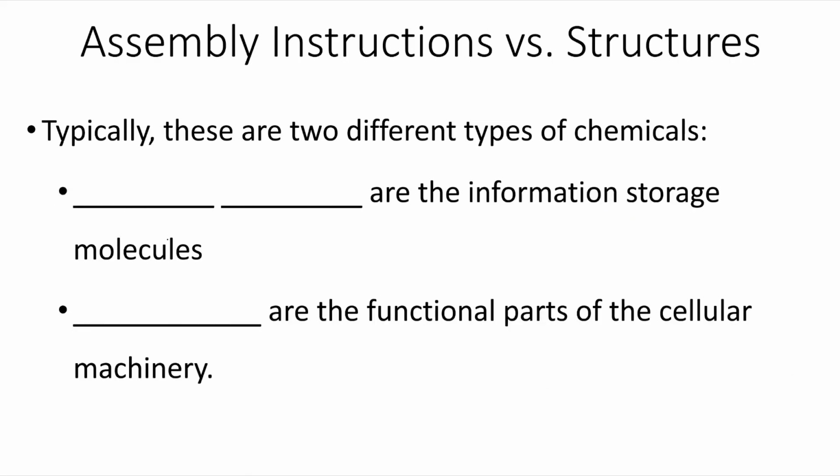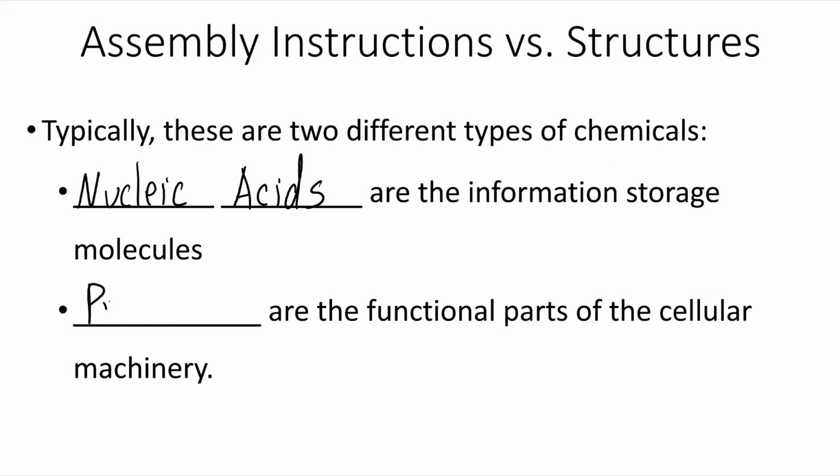When it comes to cells and their structures, typically there are 2 different types of chemicals involved. There are the assembly instructions, which are the nucleic acids. These are the information storage molecules. And then there are those that are doing the job, the construction equipment, the functional components of the cell.